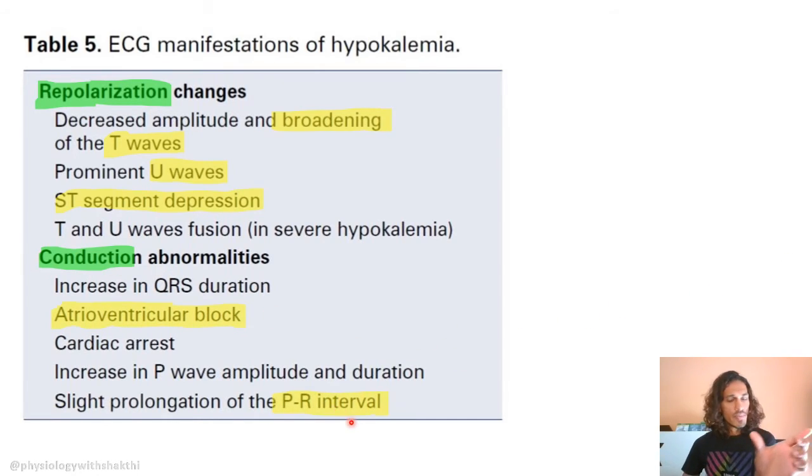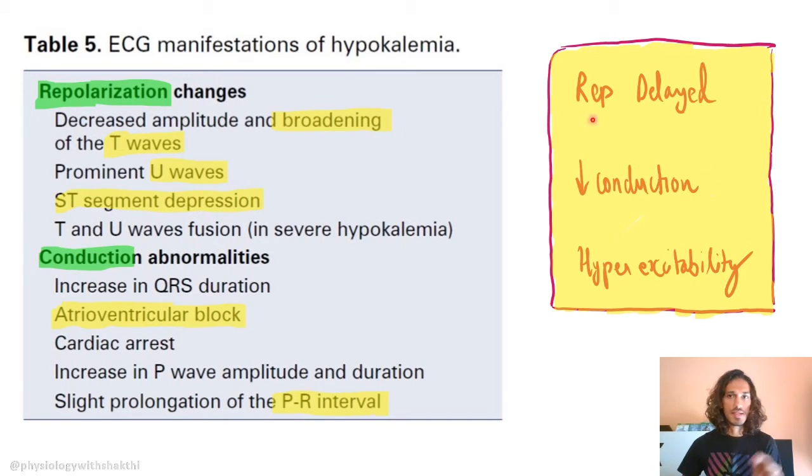Okay, and the PR interval will start getting prolonged. So ultimately, all of these are because of these three things. There is repolarization, which is getting delayed, there's decreased conduction, and there is hyperexcitability. Okay, so that excitability partly because of your early after depolarization as well.